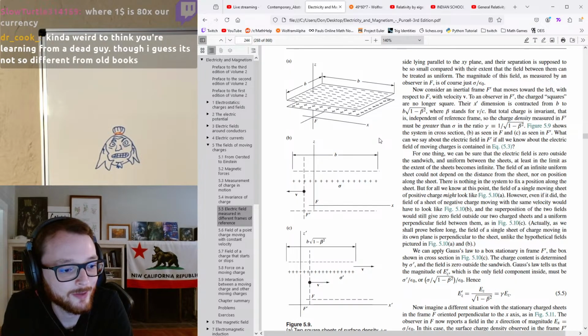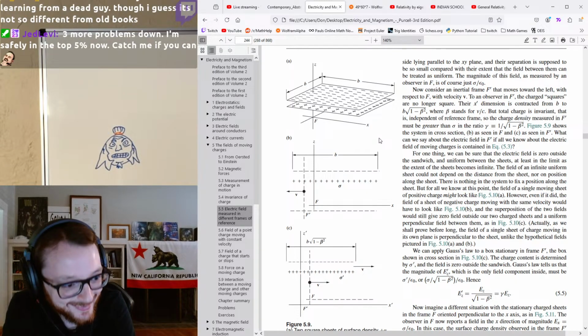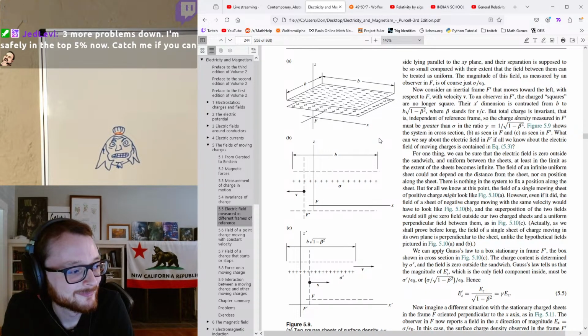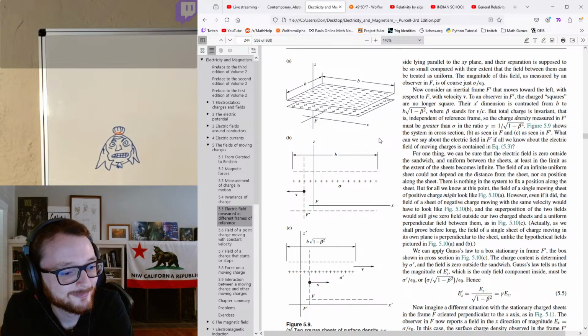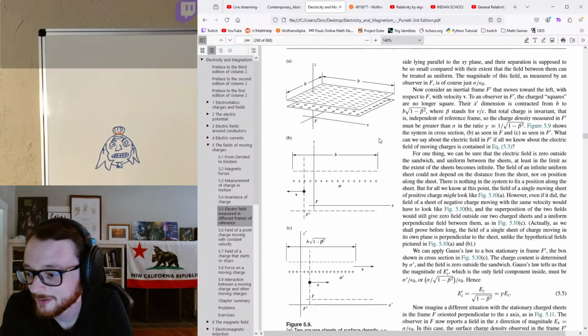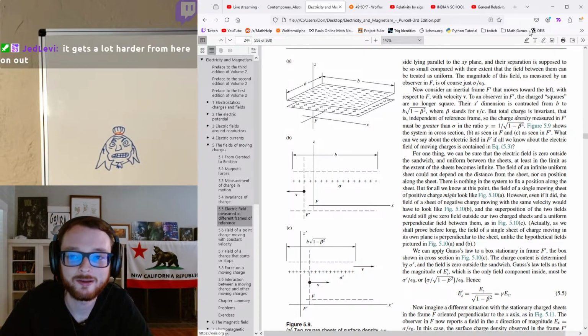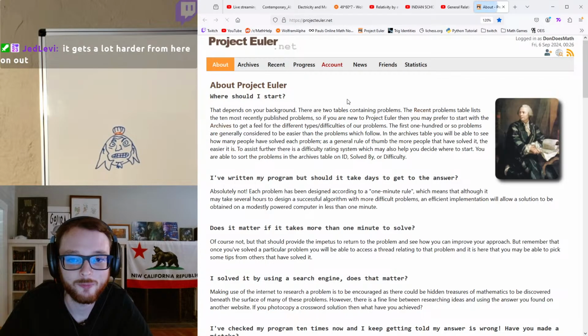Your problem's down. You're safely in the top 5% now. Nice. Top 5% Project Euler solver. That is kind of weird, Cook, yeah. It's a lot harder from here on out. Have you already gone through all of the early ones?